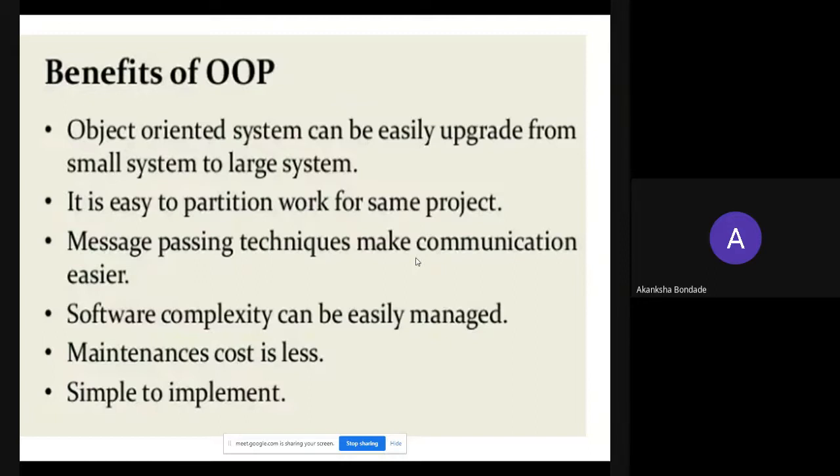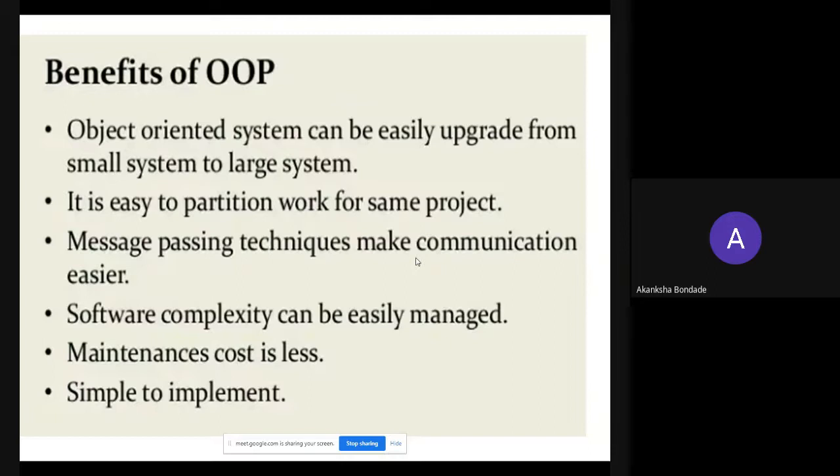Otherwise, we are adding some modules or removing some modules. That type of facility is provided by OOPS. Next, it is easy to partition work in a project. In object-oriented programming, we perform unit testing. That's why unit testing is performed only on small modules. That's why partitioning in OOPS is easy.